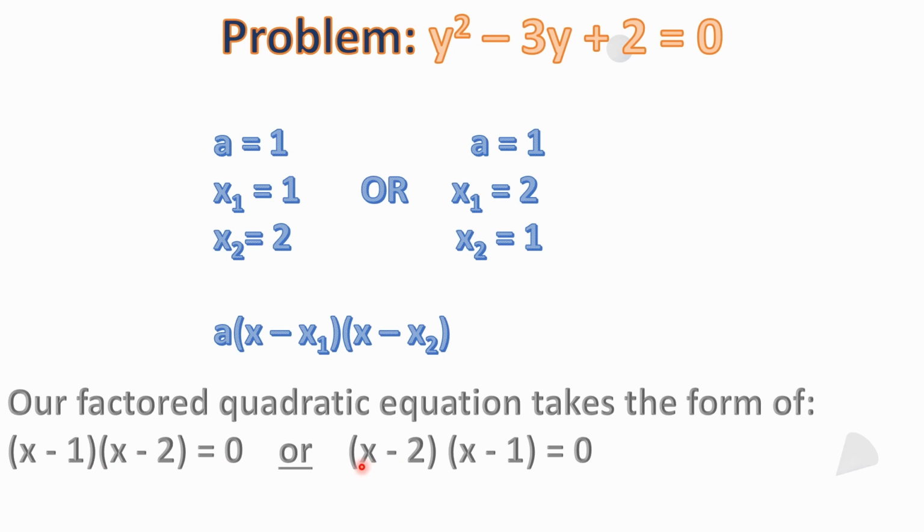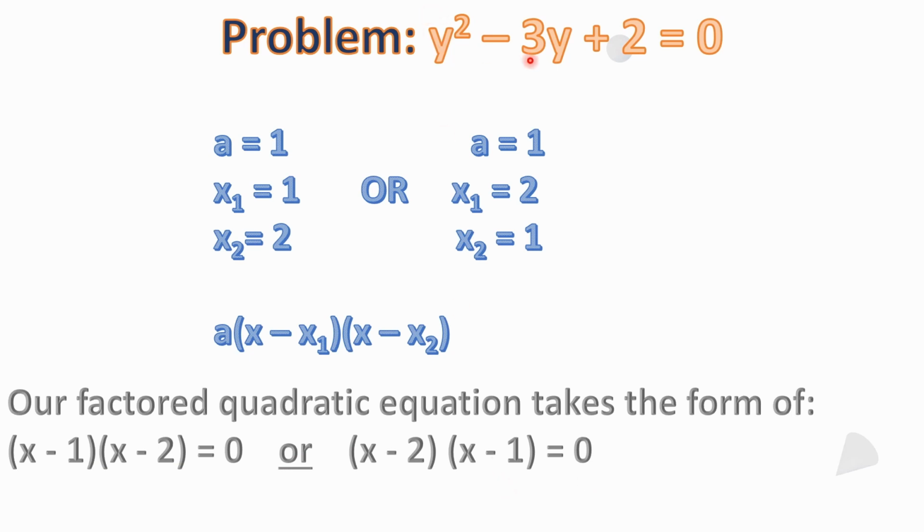Or it could also be written quantity x minus 2 times the quantity x minus 1 equals 0. You're going to get the same thing. And why is that? Because a is 1, x1 is 1, x2 is 2, or a is still 1, but x1 could be 2 and x2 could be 1. We're just flipping those around here. So it basically means that our factored quadratic equation will take one of those two forms.